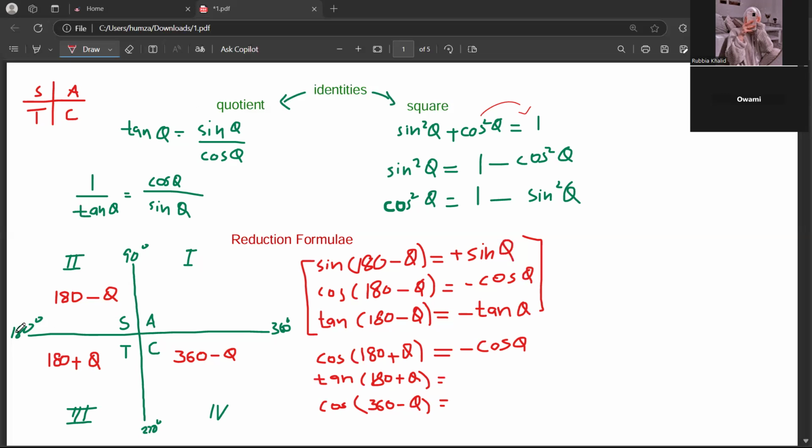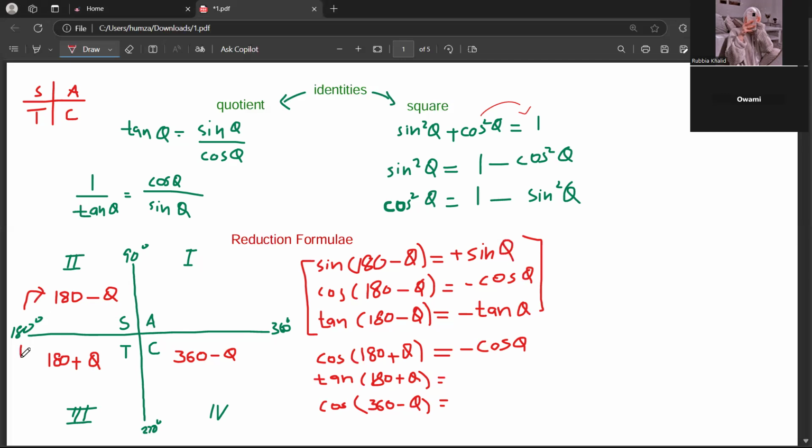Why? Because you see this 180 degrees and 360 degrees line. If you go in the clockwise direction, all the angles in that direction are less than 180. So we say 180 minus an angle. So 180 minus theta resides in quadrant 2.